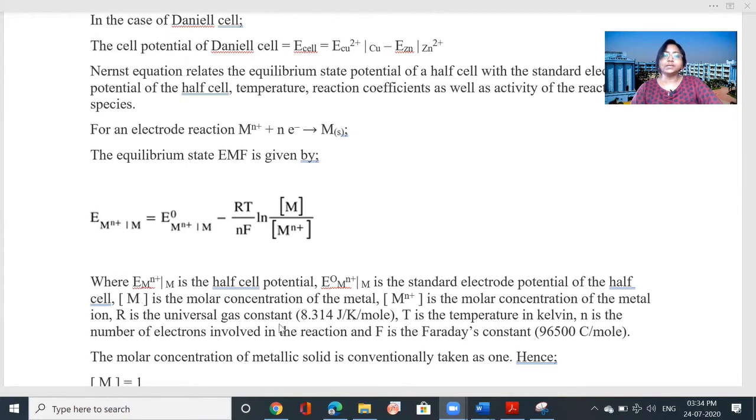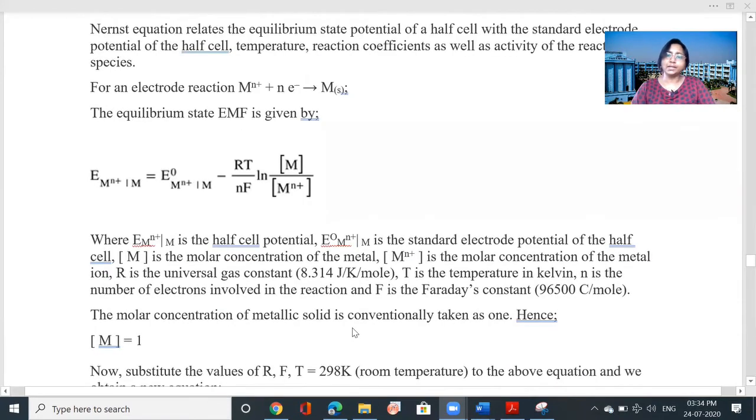M is the molar concentration of the metal, and M^n+ is the molar concentration of the metal ion. When M releases electrons, it becomes M^n+, so this is the molar concentration of the metal ion.